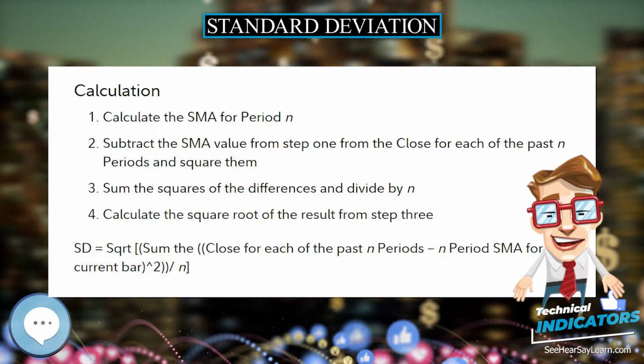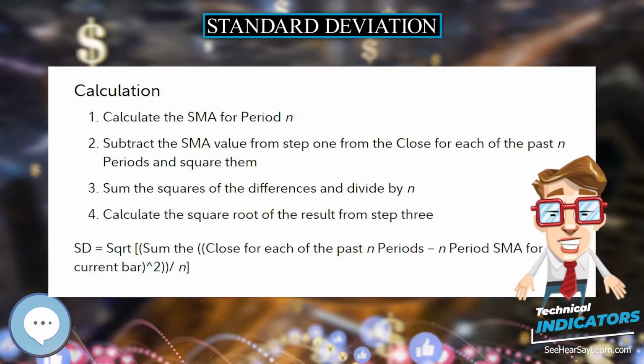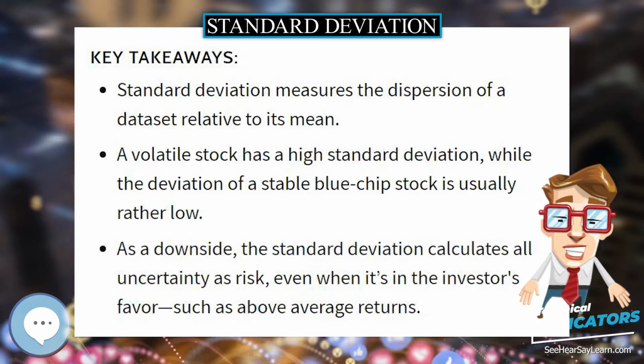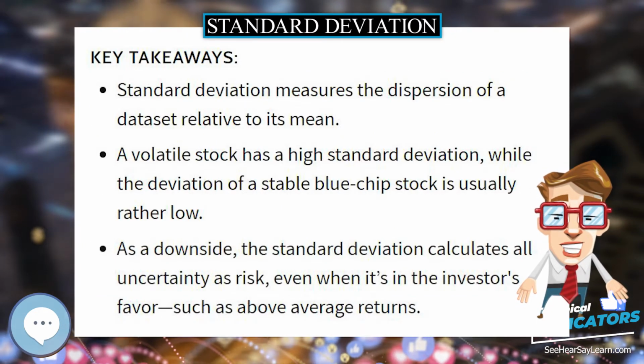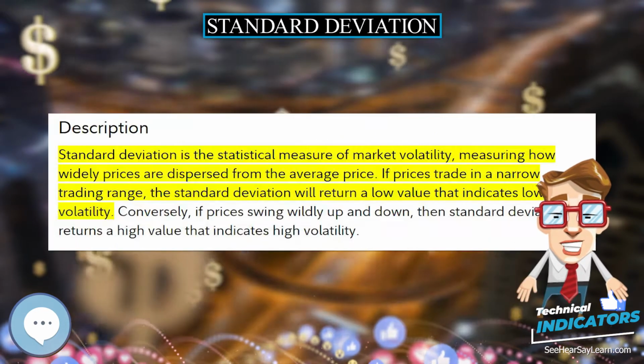An unbiased estimator for the variance is given by applying Bessel's correction, using n-1 instead of n to yield the unbiased sample variance, denoted S².